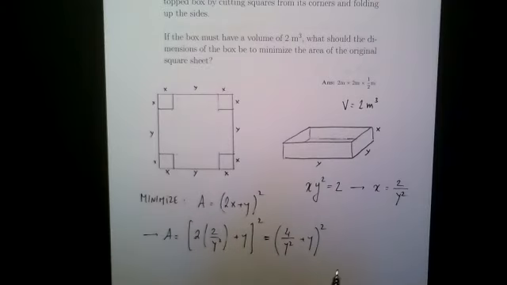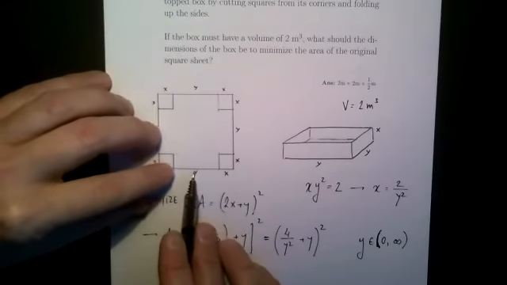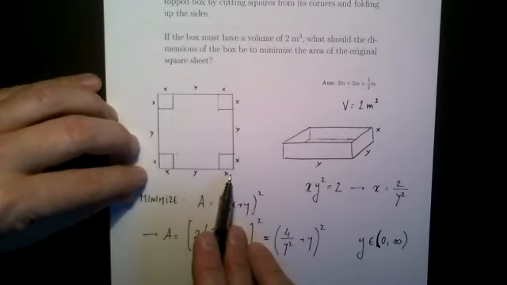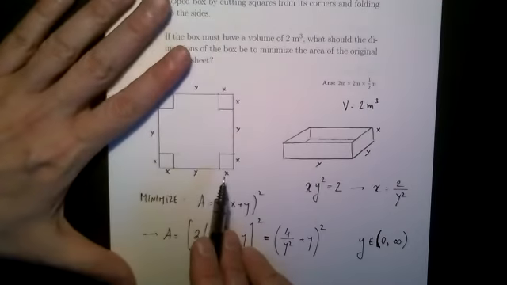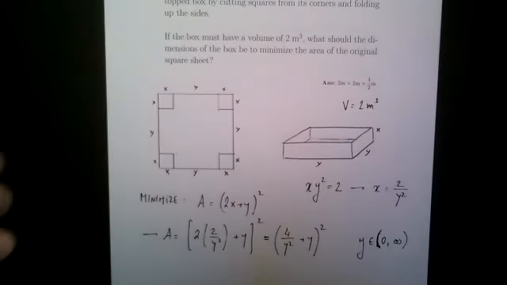Okay, we want to minimize this, and what are the possible values of y? Well, y could be 0, not including 0. And it could go to infinity. There's no limit on the y. Nobody stops you from having an infinite sheet with a very, very thin height and making it a volume of 2 still.